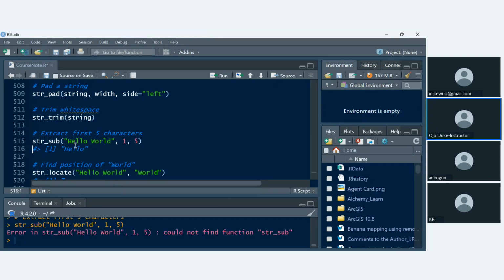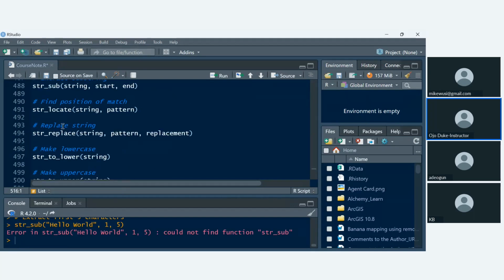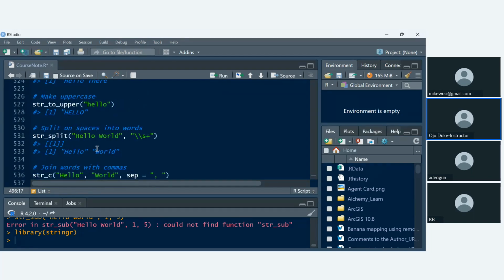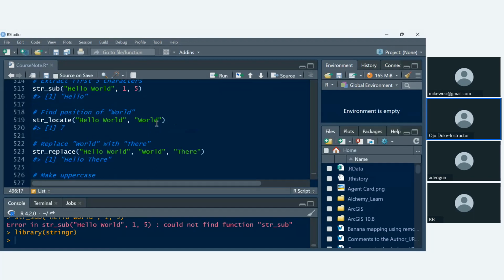okay, the function is not known because I am yet to load the library. Now that the library is loaded, let's go back and run it again. Where is the source string again?